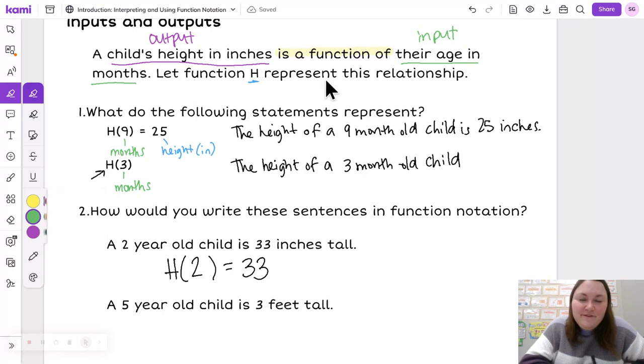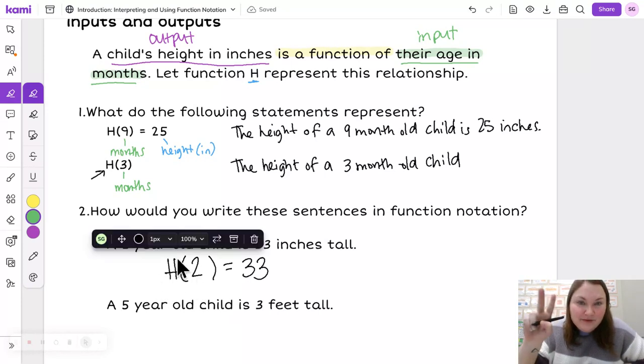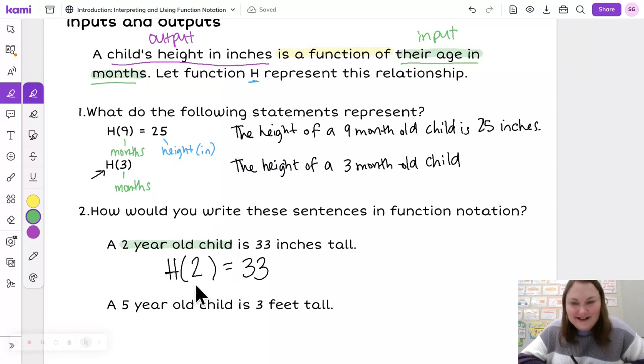If we really focus on what the input is, the input we said is their age in months. But here, I was not told their age in months. I was told it was a 2-year-old child. If you write h of 2, this means the height of a 2-month-old child, not a 2-year-old child.